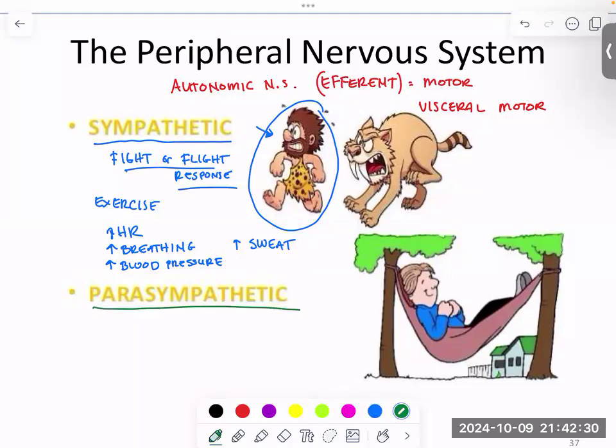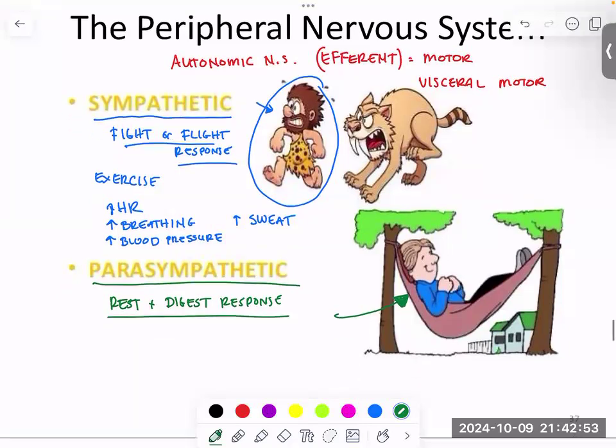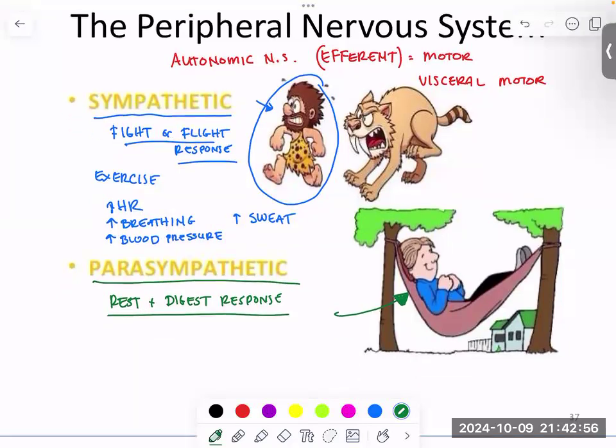Parasympathetic. We should all be doing this right now, but we signed up for this. This is the rest and digest response. What is that person's body going to do to elicit a rest and digest response? Decrease heart rate, decrease blood pressure, decrease breathing rate.